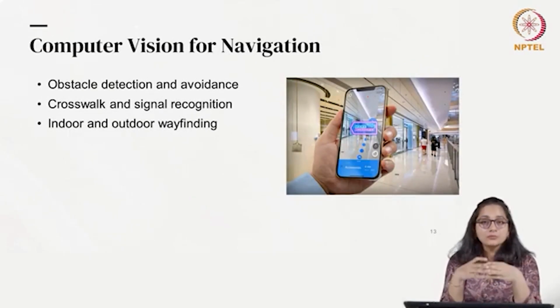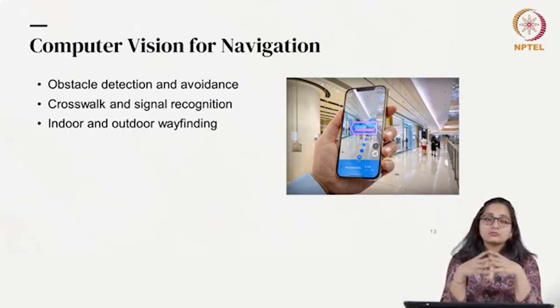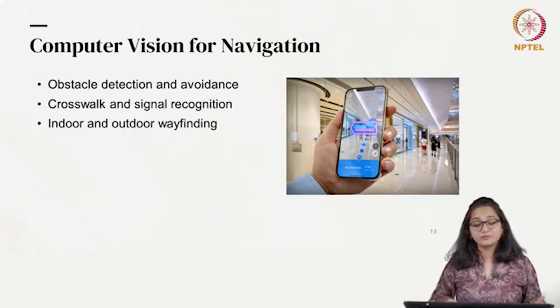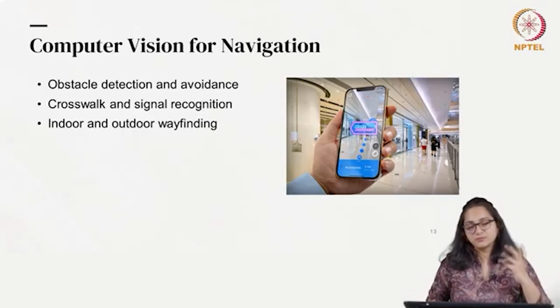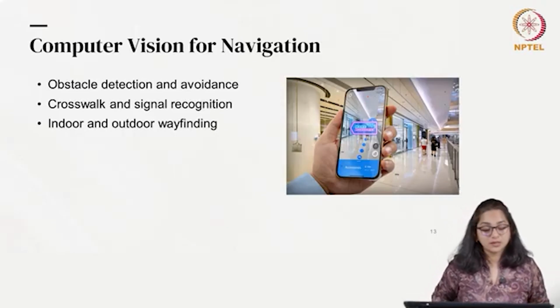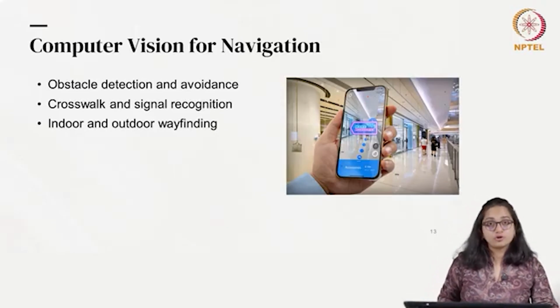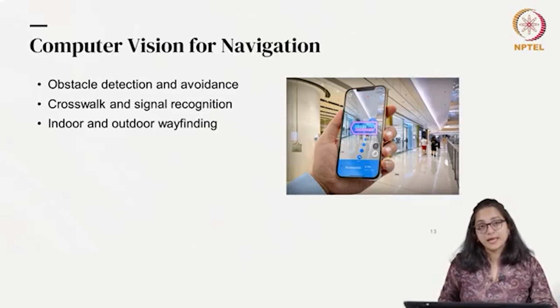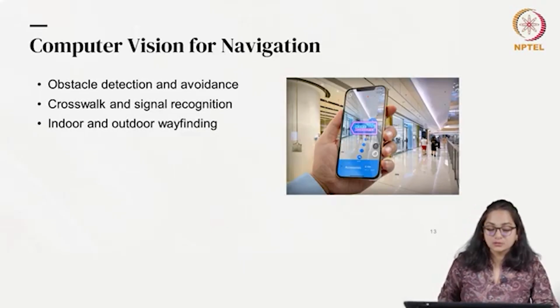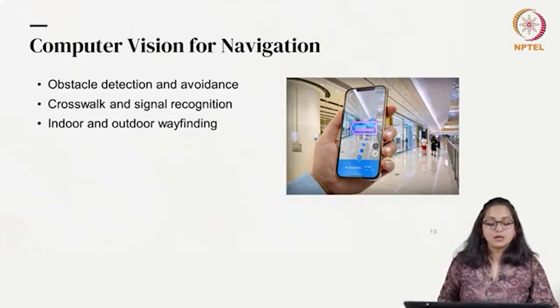So some of the common use cases in which computer vision can be really helpful is, as we mentioned earlier, navigation can be one. So obstacle detection or obstacle avoidance can easily be managed using CV models.